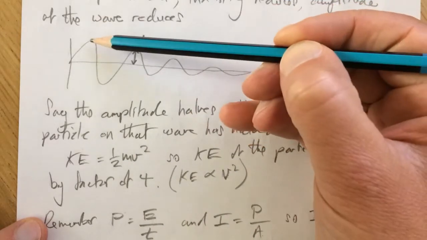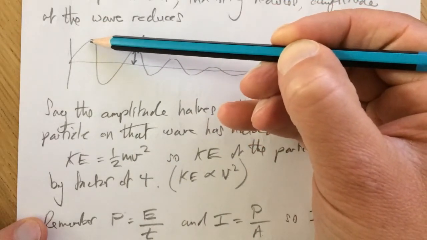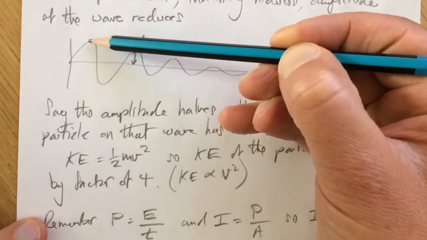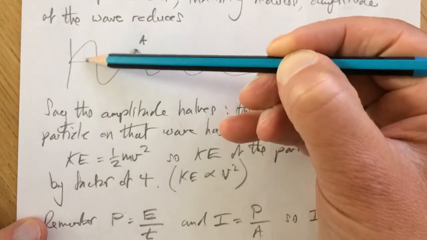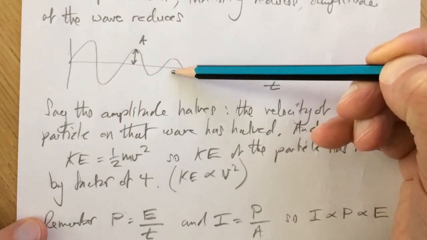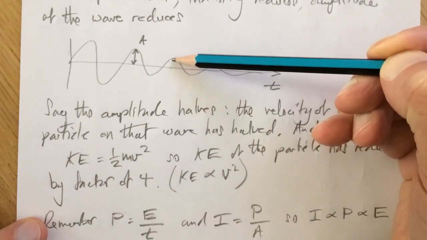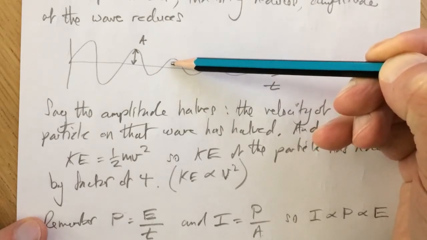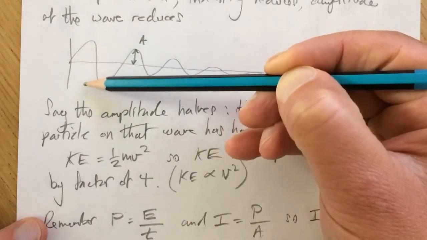So look, if you're a particle in this first crest, you've got to go down, up and down and up and down and up and down. And here you're going up and down and up and down. For the same frequency, we're going more slowly, aren't we? That's a slower movement than that.